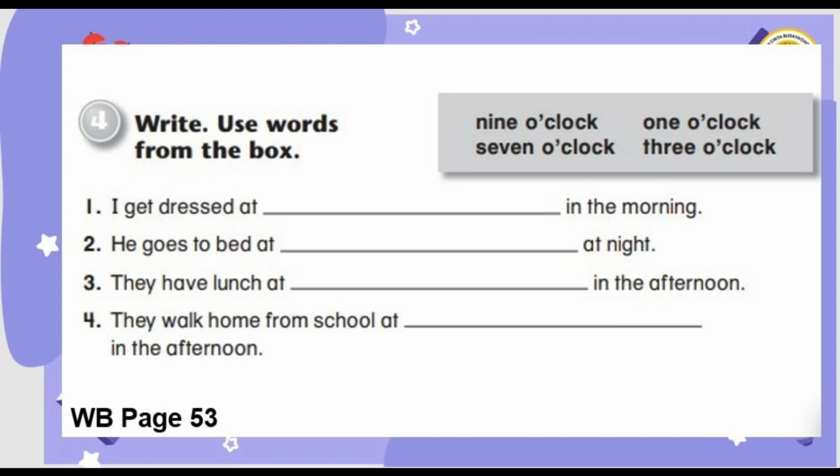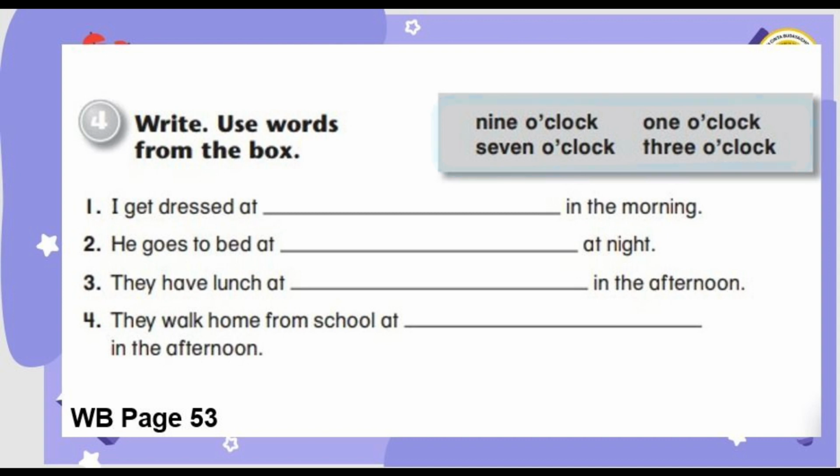Next, exercise 4 on page 53. Write, use words from the box. Nah, perhatikan kata yang terdapat dalam kotak. Ada 4 keterangan waktu yang berbeda, yaitu 9 o'clock, jam 9, 7 o'clock, jam 7, 1 o'clock, jam 1, dan 3 o'clock, jam 3.